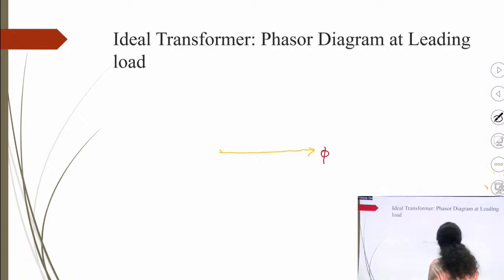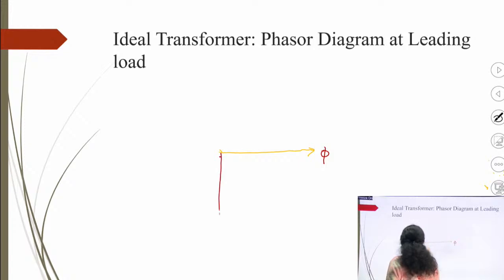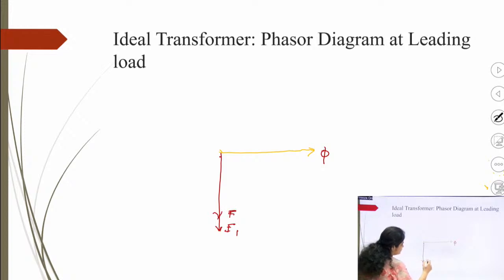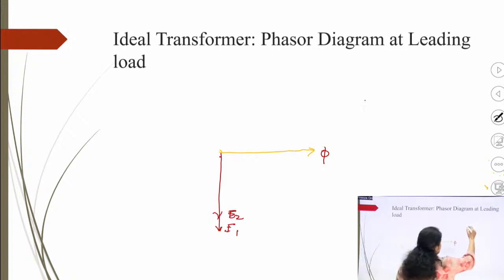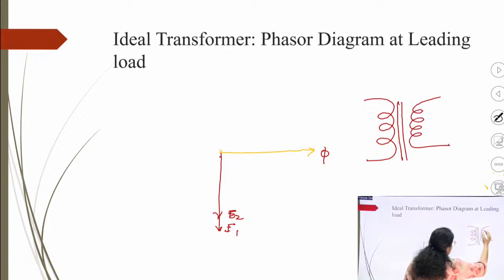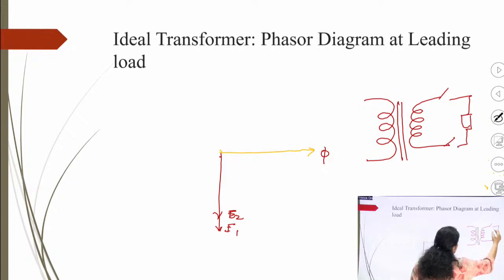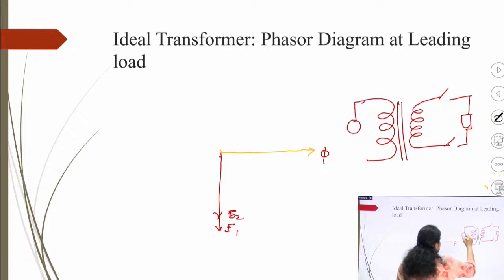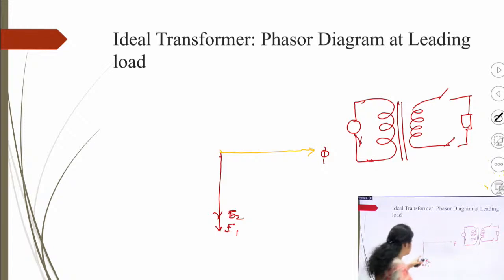So this is flux phi, and E1 will be produced here, and this is E2. Now here we will connect the leading load, the capacitive load. This is V. So E1, E2, this is your magnetizing current, which is in the same phase with the flux.